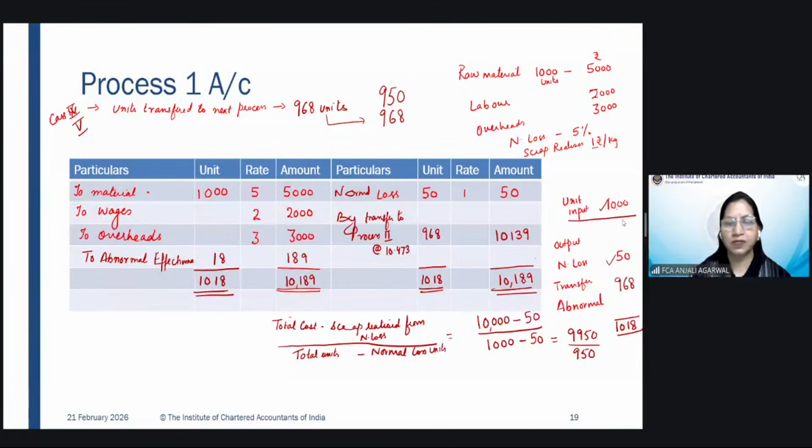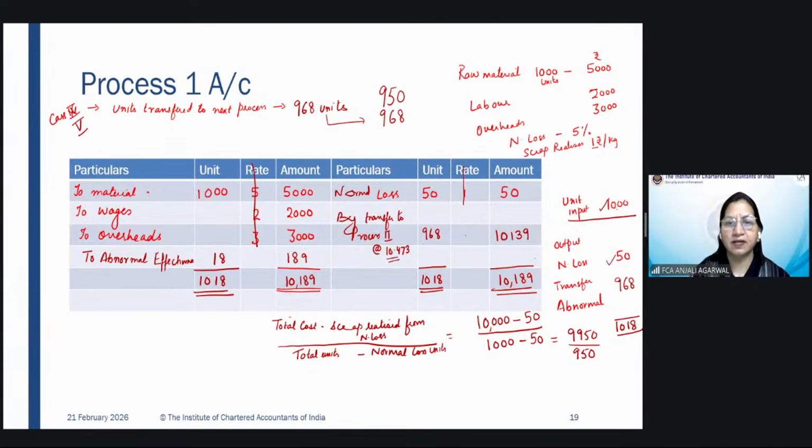But to total it, you must round it off in such a way that your totals always tally. So 10,189, 10,189. Now, if you write here 10.473 and 1, it becomes 11. Therefore, generally avoid the rate column unless specifically asked.